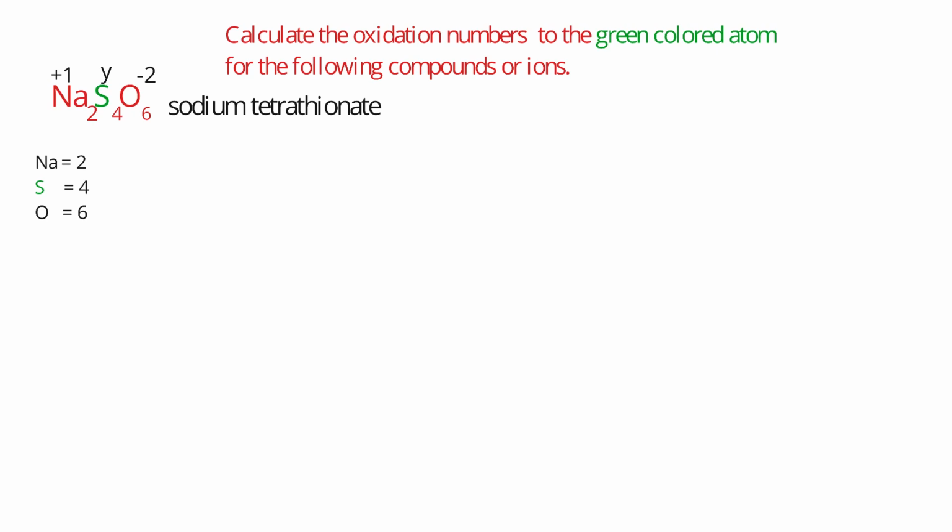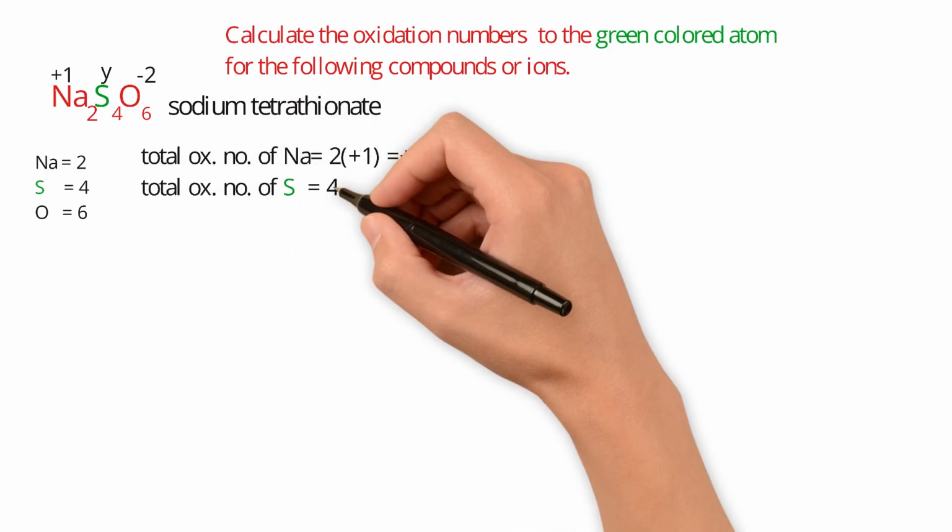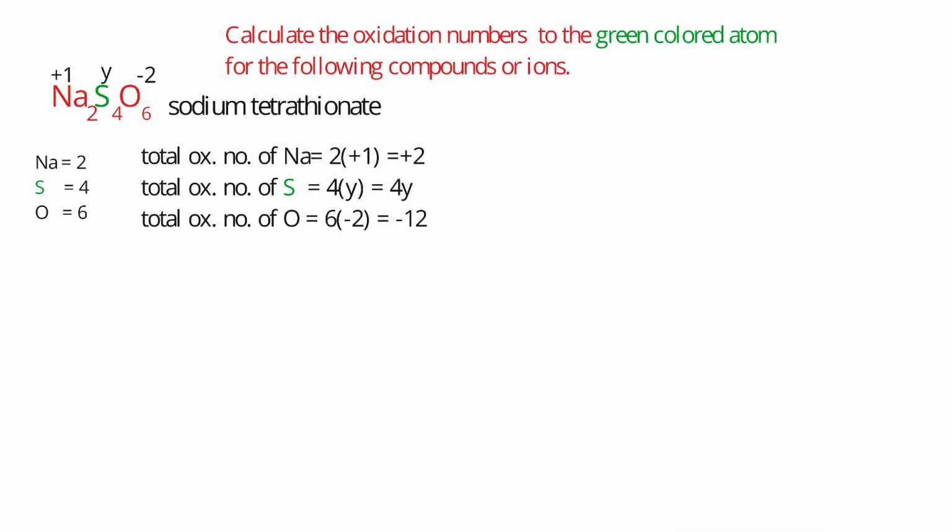Therefore, the total oxidation number of sodium in this compound is 2, because we have 2 sodium atoms, times plus 1, which is equal to +2. The oxidation number of one sulfur is Y. Therefore, we have 4 sulfur atoms, 4 into Y equals 4Y. Total oxidation number of oxygen, we have 6 oxygen.